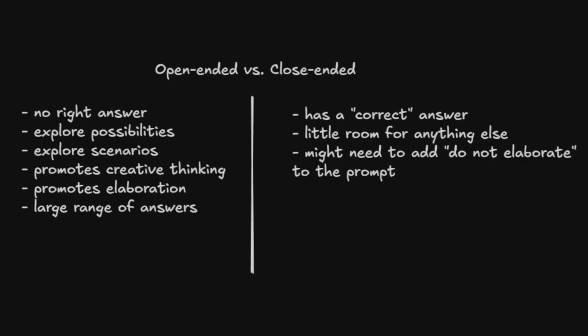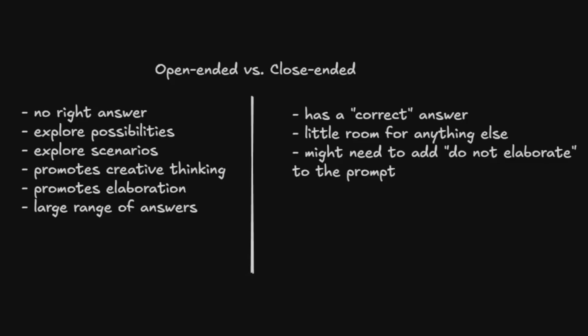Coming back over, the opposite of this would be a closed-ended question. If I want a specific answer, sometimes you're not looking to stimulate creative thinking or do something like that. Sometimes you just have a very direct question with a very direct answer. So you have to prompt it that way.